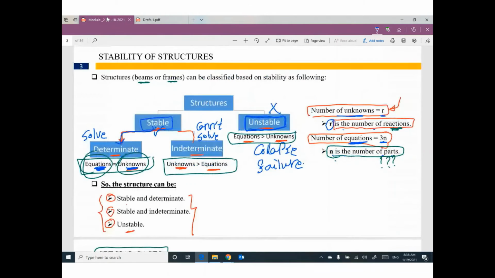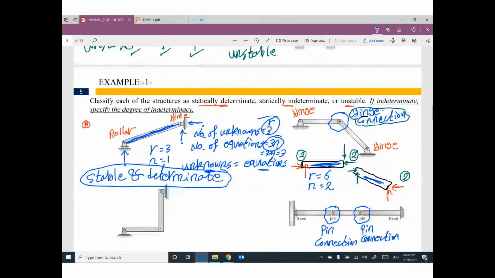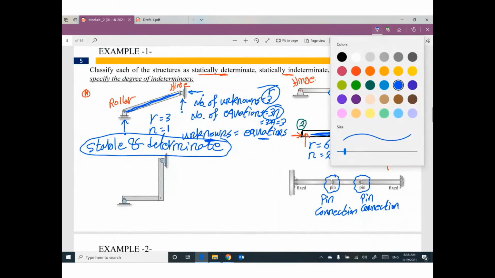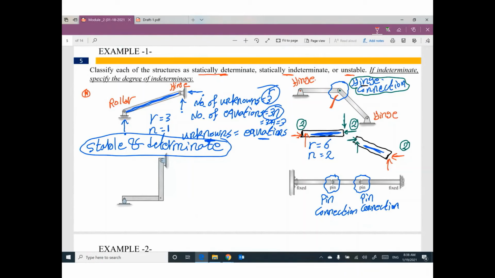Guys, remember, I told you, if you have this connection or this type of connection, please do separation. I did. So we have 2 parts, this part and this part. So number of parts, which is n, equal 2. Number of reactions, we have here hinge, so we have 2.